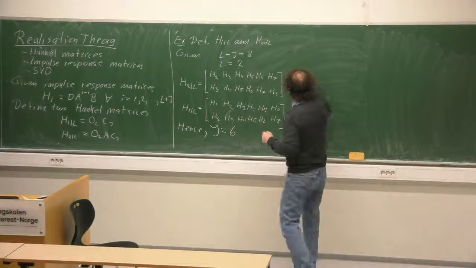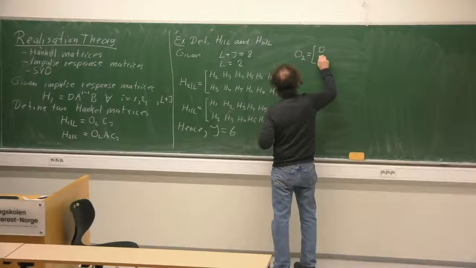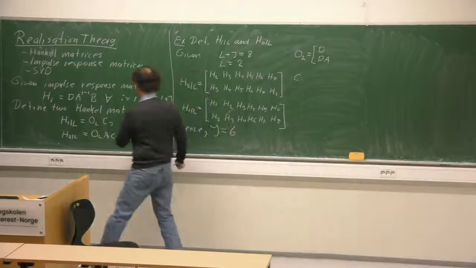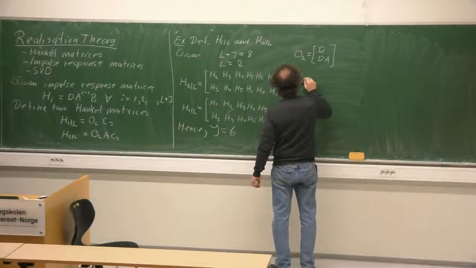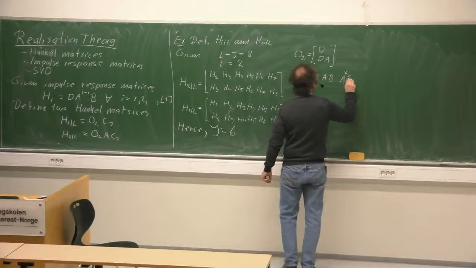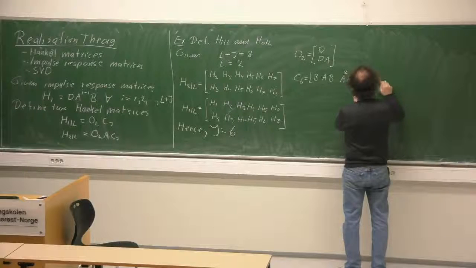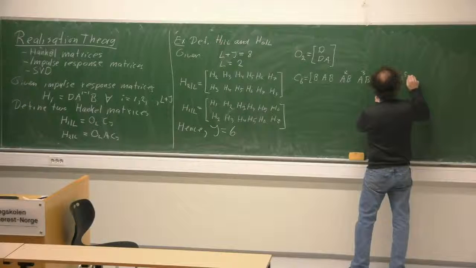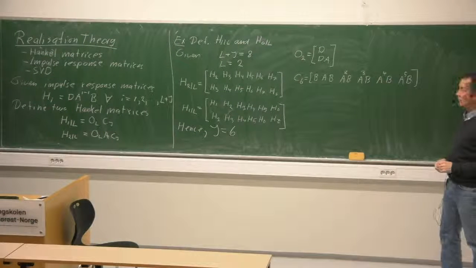Furthermore, the observability matrix in this example is simply D over DA, and the controllability matrix C_J, since J is equal to 6, is then B, AB, A squared B, A third B, A fourth B, 5 and 6. It looks like this in this example.